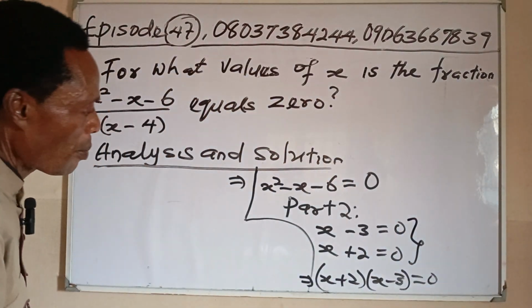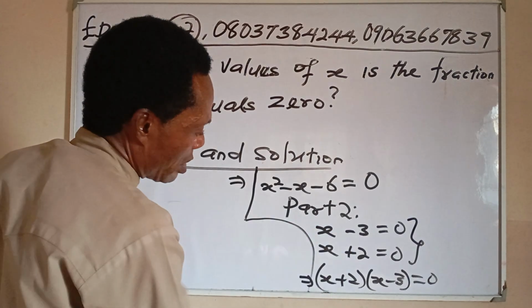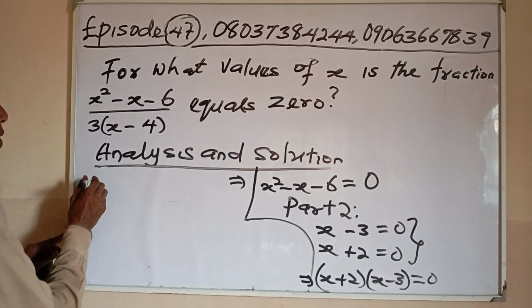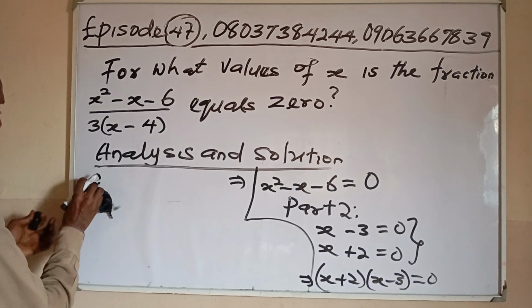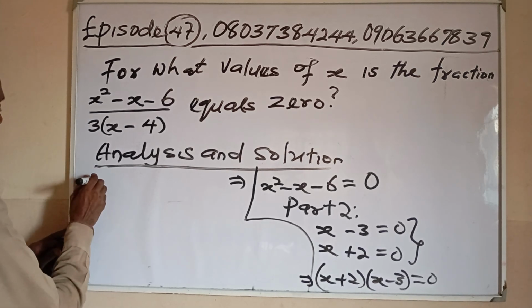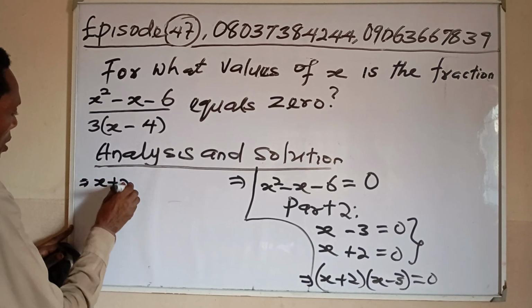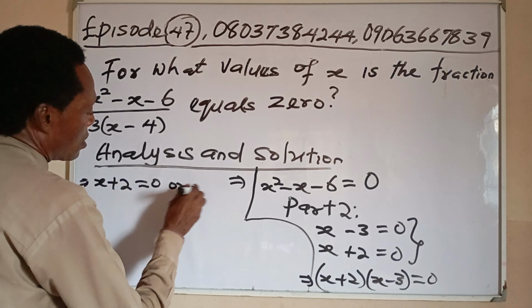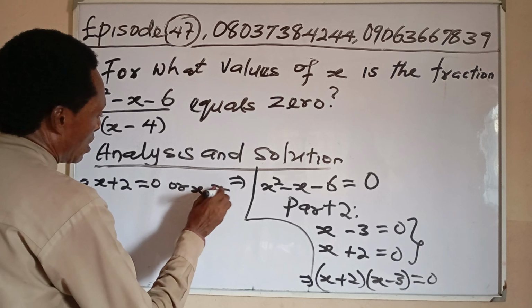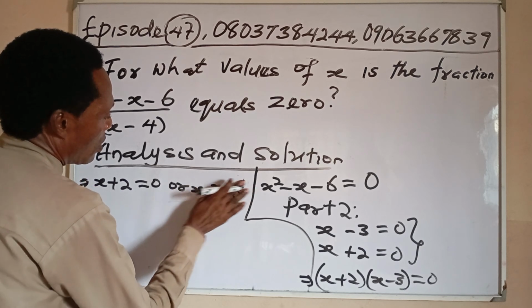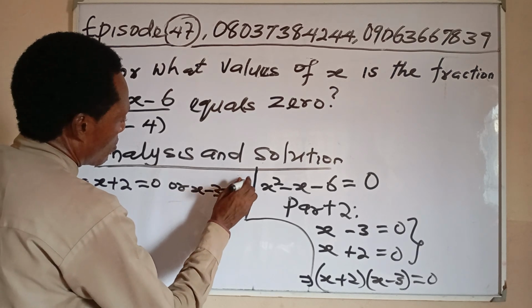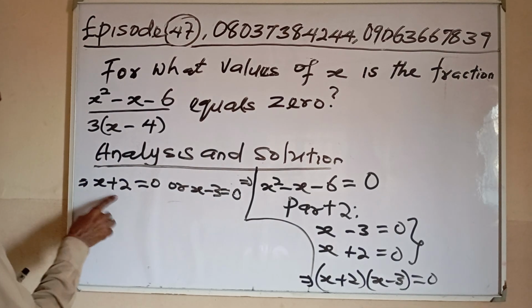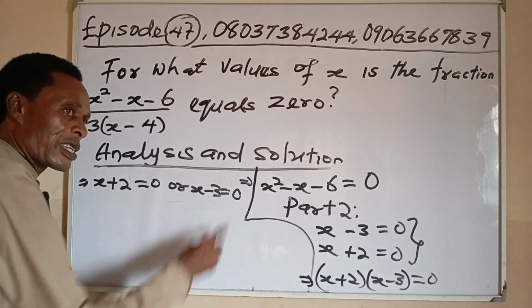Whereby we now equate either of the brackets to 0. You can say s plus 2 equals 0 or s minus 3 equals 0.